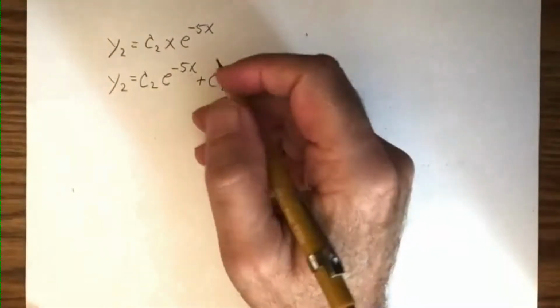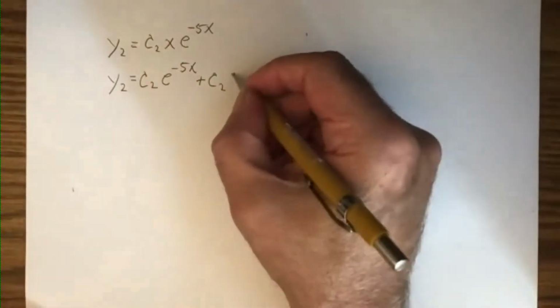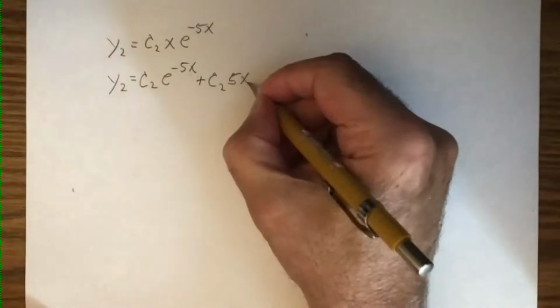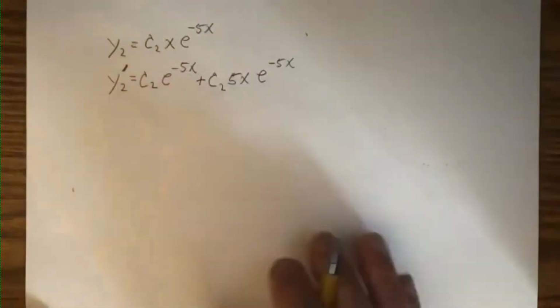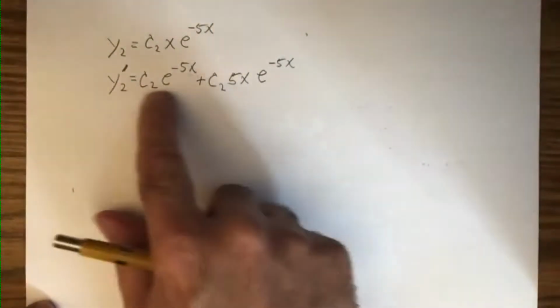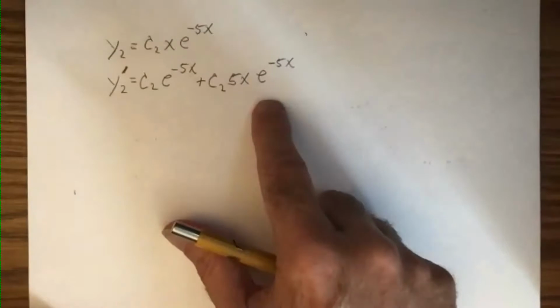Let's see, C2. Yeah, and then this is going to be e to the minus 5x, right? Well, this is the derivative. Just use the product rule here. Everybody's good up to this?